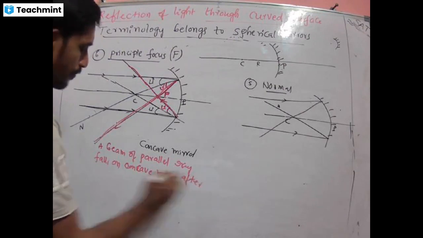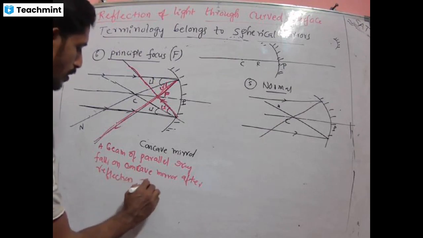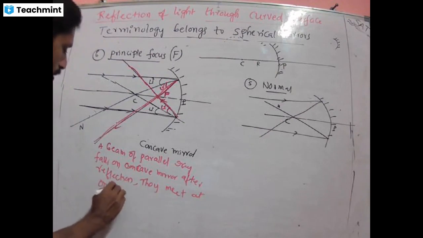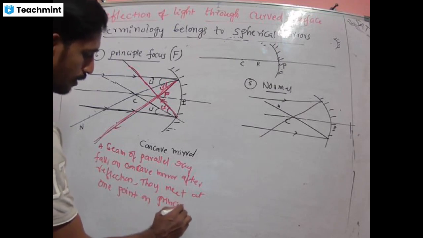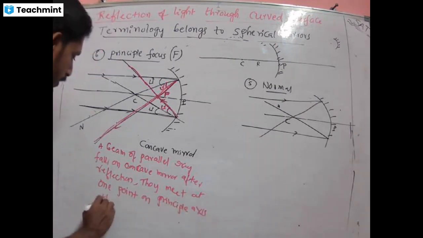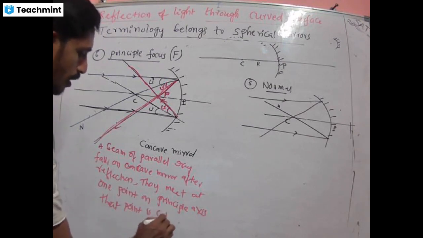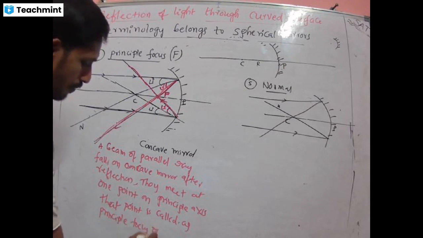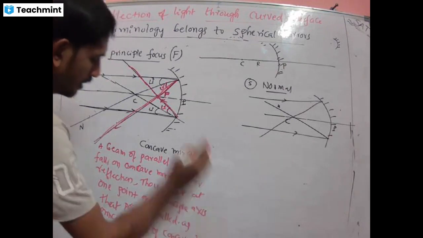After reflection, they meet at one point on the principal axis. That point is called the principal focus of a concave mirror. This is the definition here.